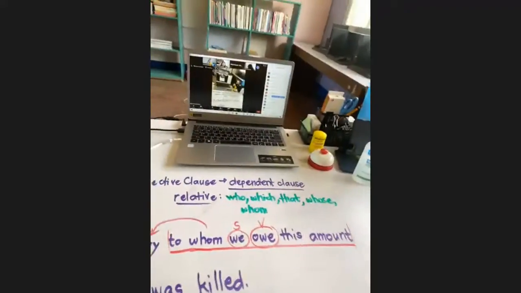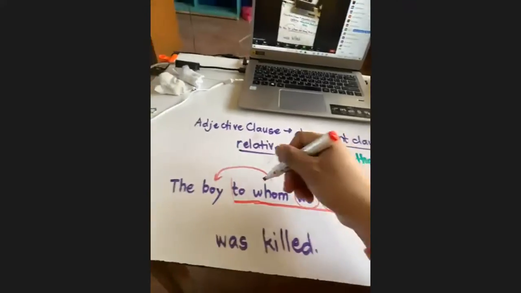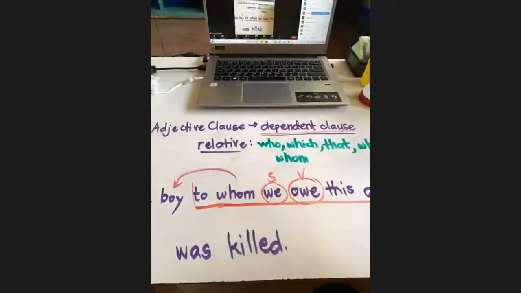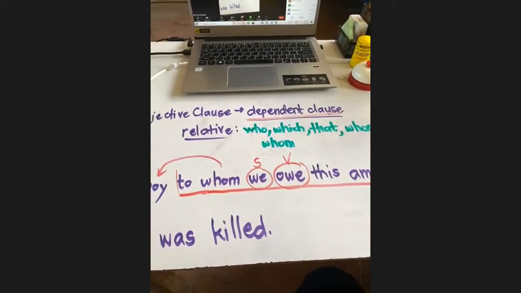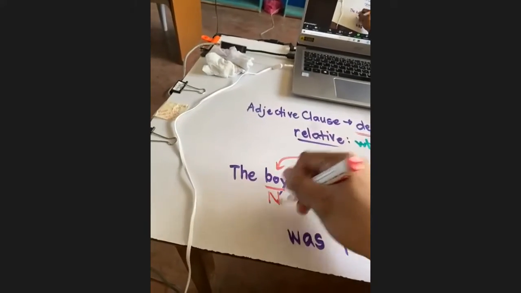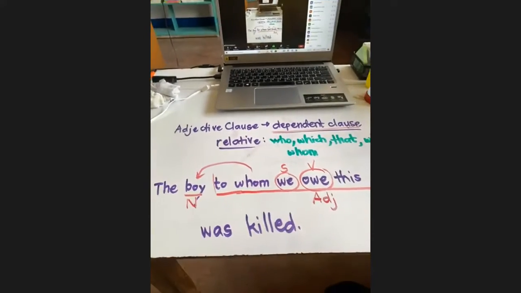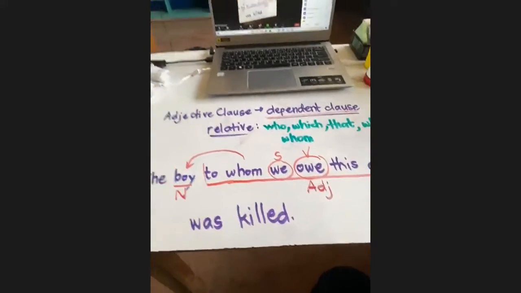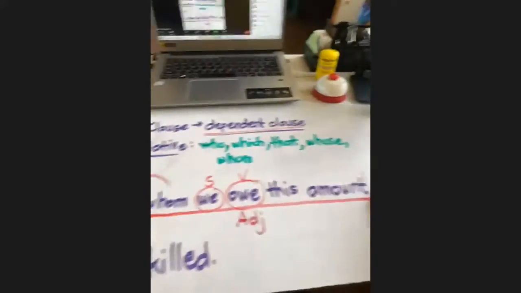It leaves you at a hanging position. It's incomplete because it's a dependent clause. Let's look at its function. It modifies the word boy. Boy is a noun, which makes this clause an adjective. A modifier to a noun is an adjective. We'll have another example before we go now to the FPs.